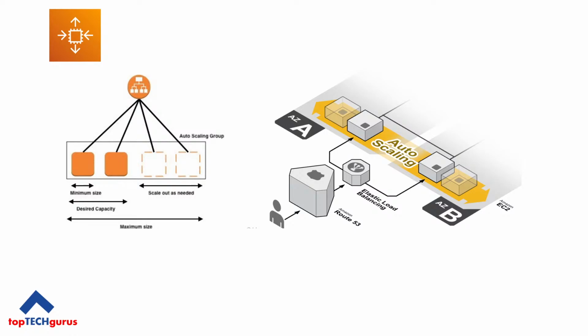But if you look at the image to the right, whenever a user hits AWS through a URL or a website or an IP address, Amazon Route 53 resolves that URL into an IP address, and then it hits our elastic load balancing machine.